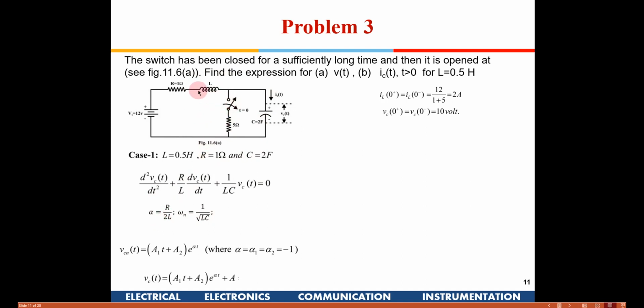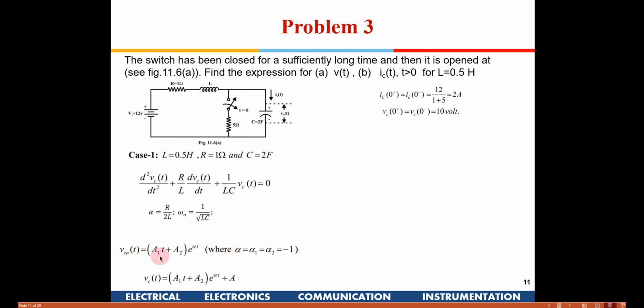R is 1 ohm, and L is 0.5, so 2 into 0.5 in the denominator. So you will get alpha equal to 1, and omega n is 1 divided by root LC. Now L is 0.5 and C is 2. Again you will get alpha and omega n both to be 1. That means the roots are equal.